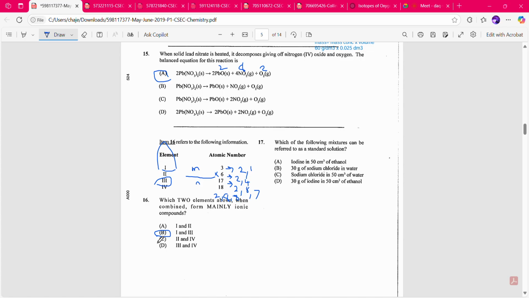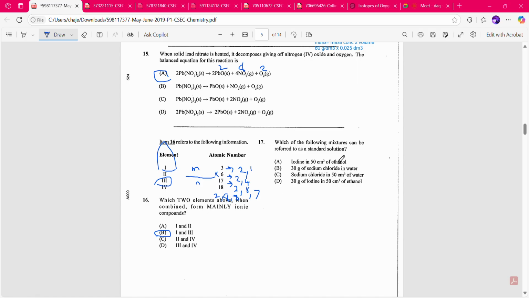Now, a standard solution is a solution that has known substances present, and you know either its mass and its volume. So it's a standard. It has everything that is known. You know something about it. You know a volume, some digits, volume, mass, concentration.